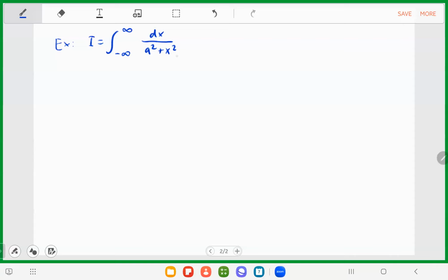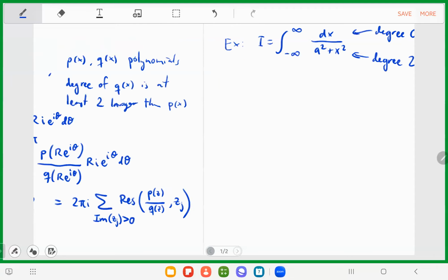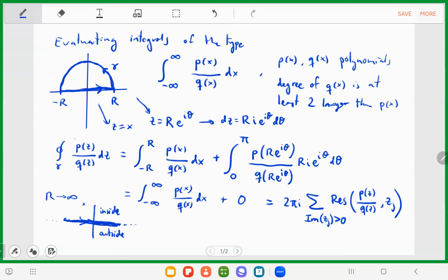we notice that we have a polynomial of degree 2 in the denominator, and the numerator doesn't have any x, so it's degree 0. If you check that, then you don't need to worry about the semicircle, because we have seen on the previous page, well, I erased it already, that for any two polynomials, if the degree of q is 2 larger than p or more, then the semicircle will go to 0.